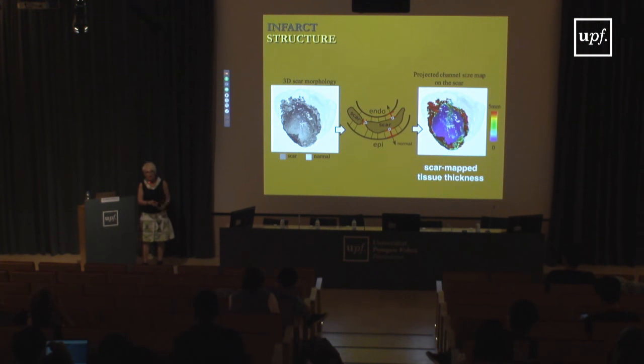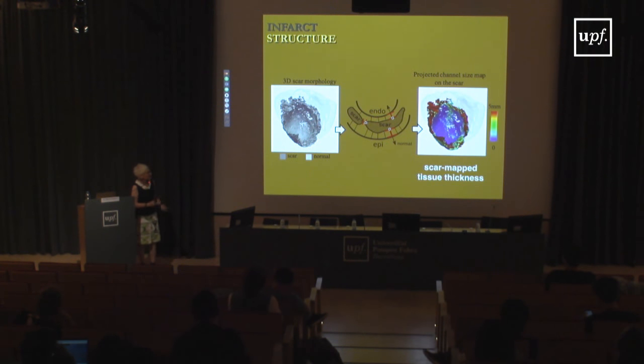So to do that, we devised an analysis tool in which we mapped the surviving tissue surrounding each patch of scar. We mapped in the normal direction the thickness of the surviving tissue, and then we colored the surface of the scar based on that thickness. So we get the infarcts, now the scars, colored by surrounding tissue thickness.